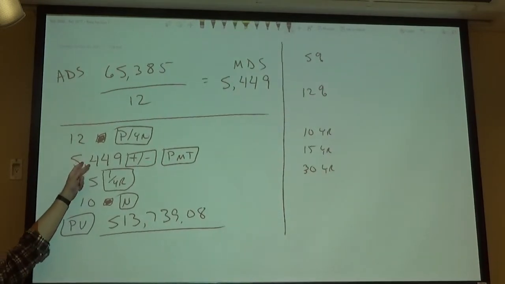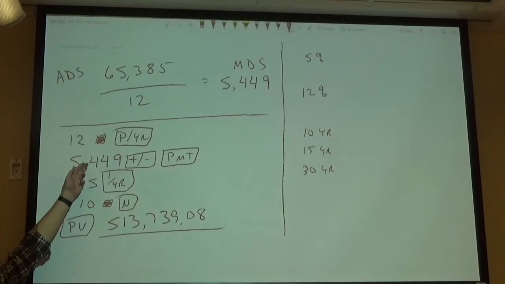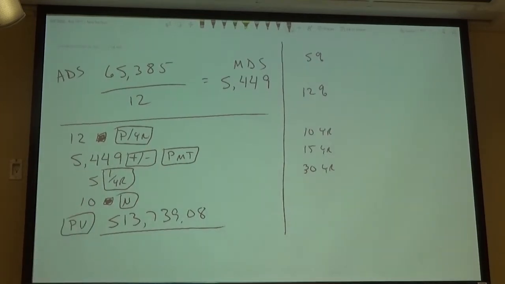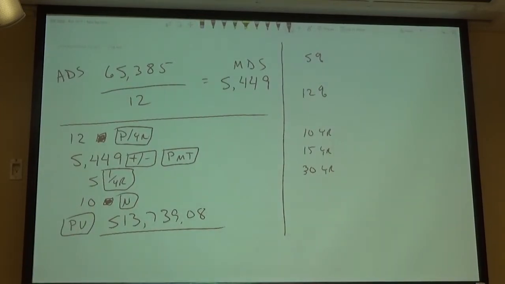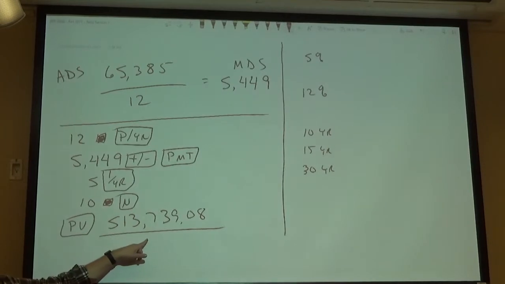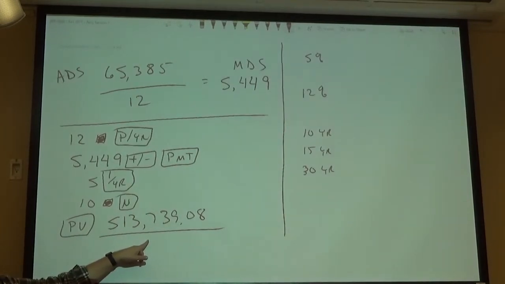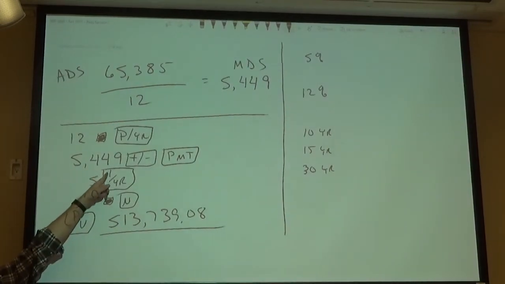Because once again, we're keeping our payment constant. Now, on the term, if we increase our term, that is going to do what? Decrease the payment. Well, it's going to decrease the payment, but more specifically, it's going to allow us to borrow more money. Okay? Because our payment is fixed.